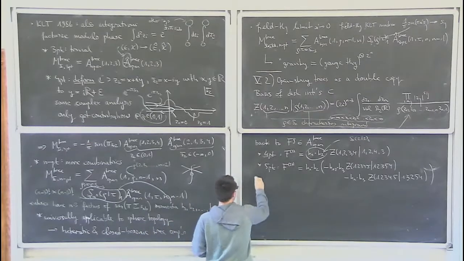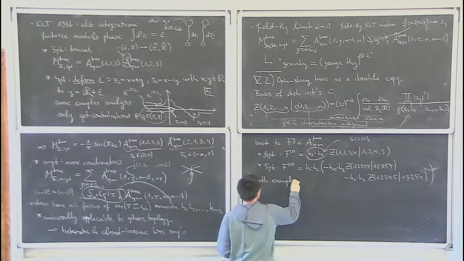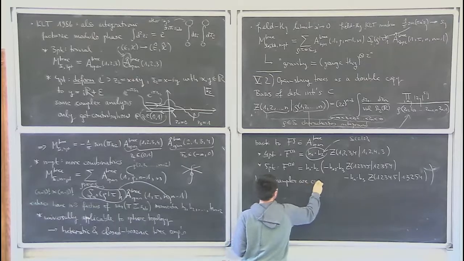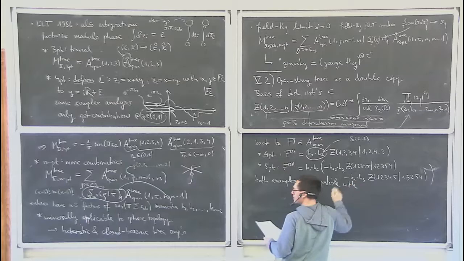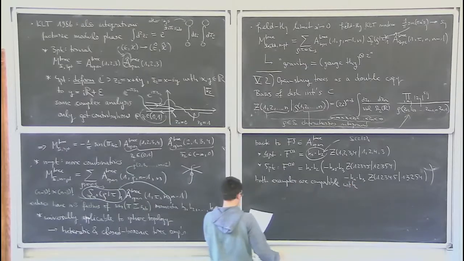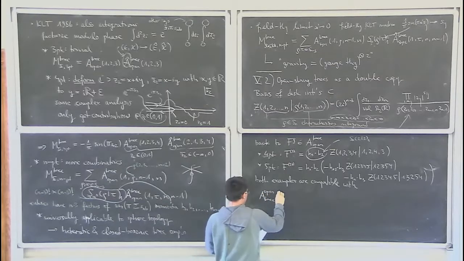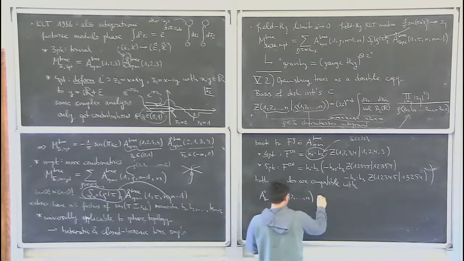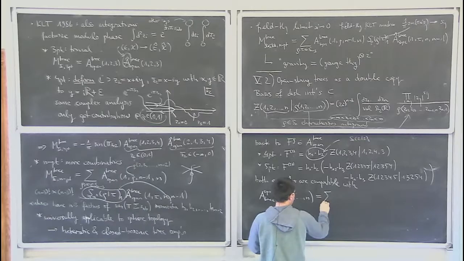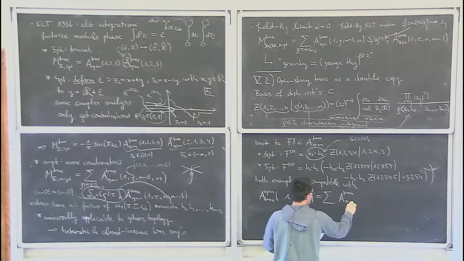endpoint level, you will arrive at the following result. You can write the endpoint function as a KLT formula where one of the two sides involves super Yang-Mills.